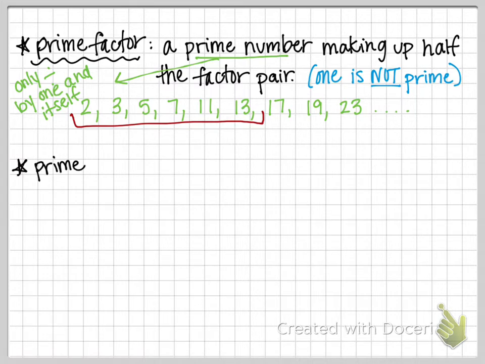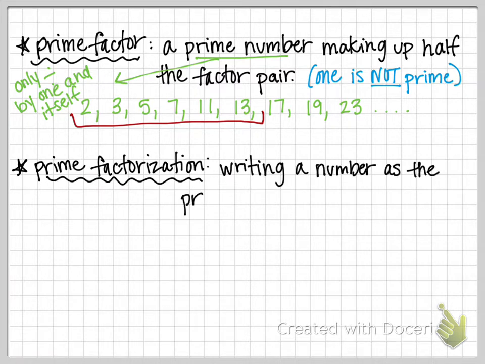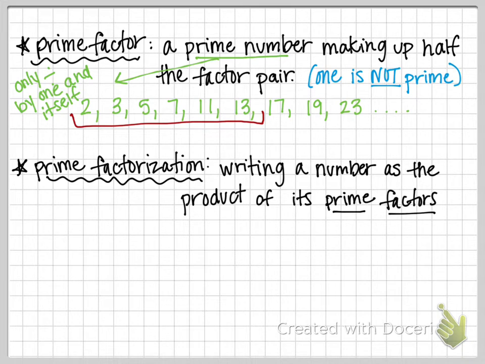Okay. Now, prime factorization, which is what this lesson is all about. Prime factorization is where we write a number as the product of its prime factors. So we're looking for the prime numbers that go into a bigger number.